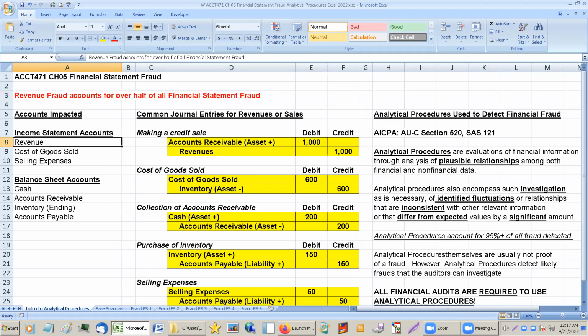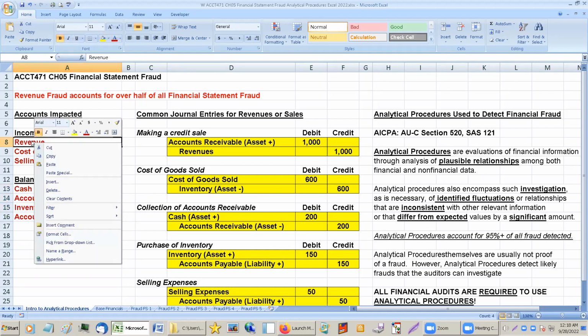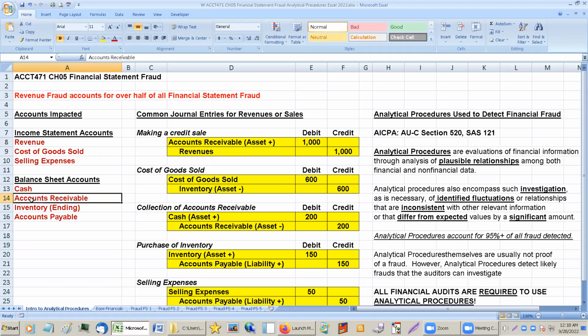Now, because balance sheets have to balance, all these accounts are kind of linked together. Here are some income statement accounts, and then there are some balance sheet accounts. For instance, if you make a sale on credit, it will increase accounts receivable.